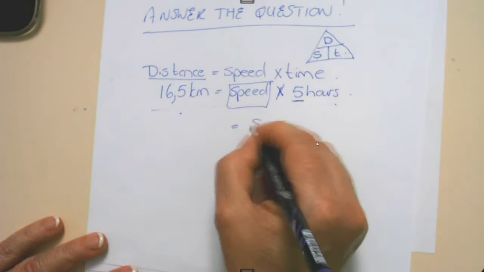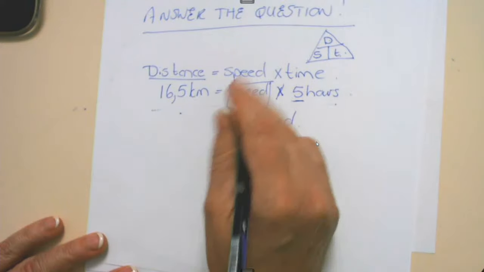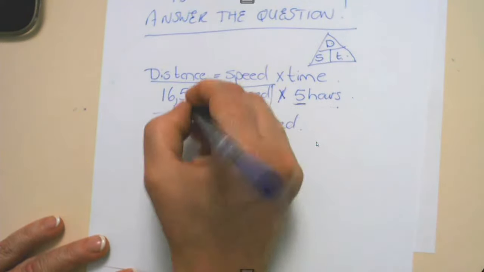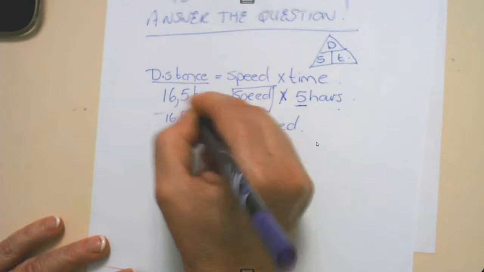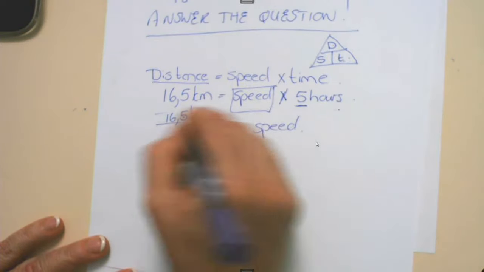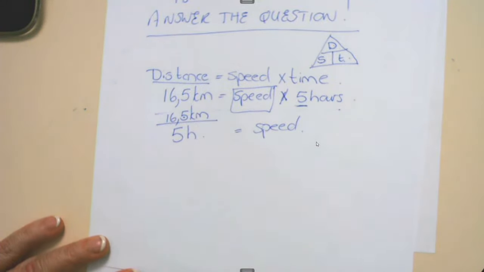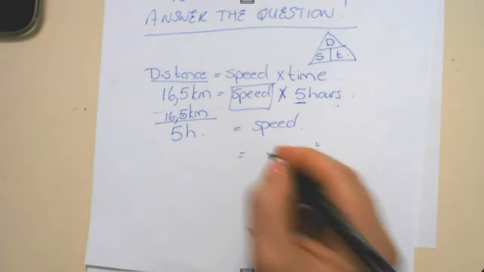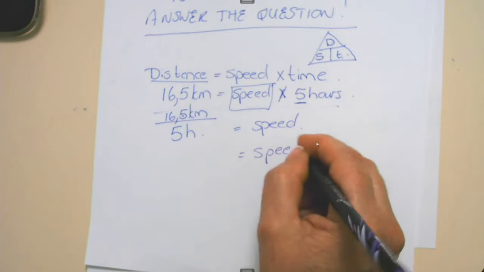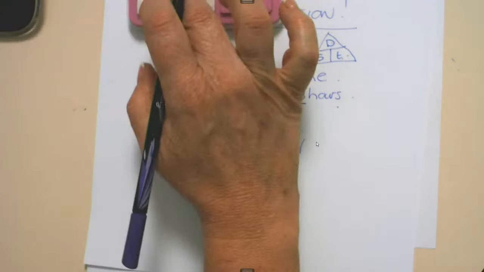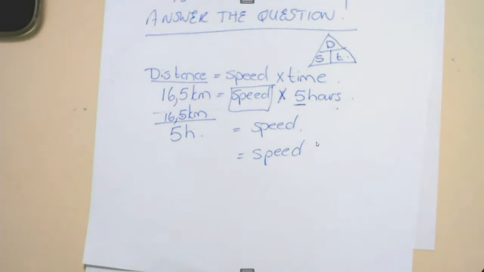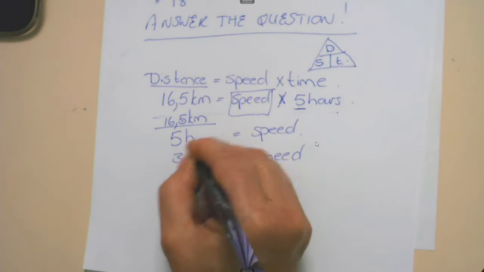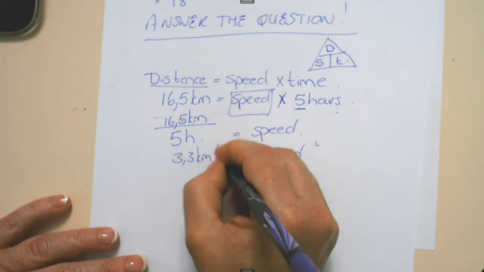So speed, and it's quite okay to keep it on the right, is 16.5 kilometers over 5 hours. If you work this out, it is simply 16.5 divided by 5, and it's a speed of 3.3 kilometers per hour.